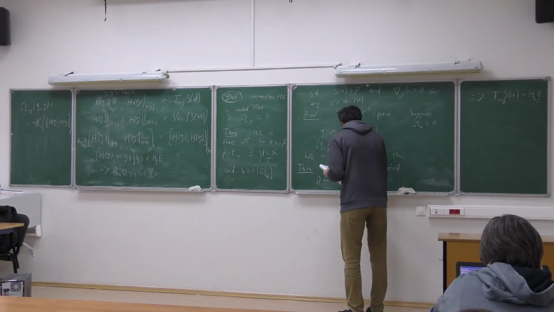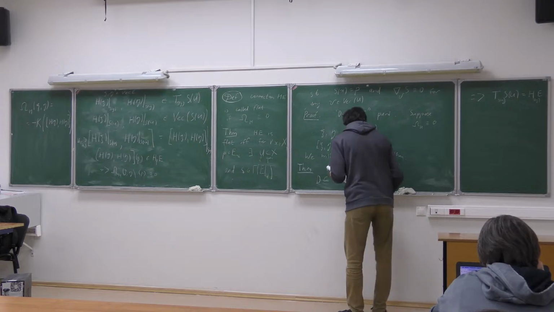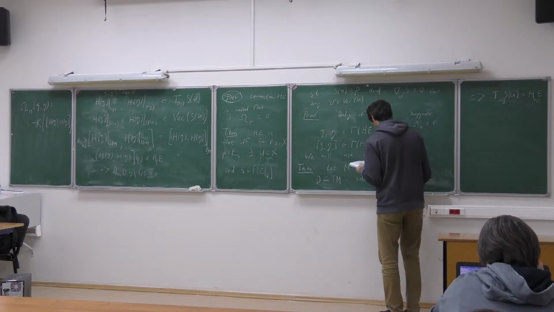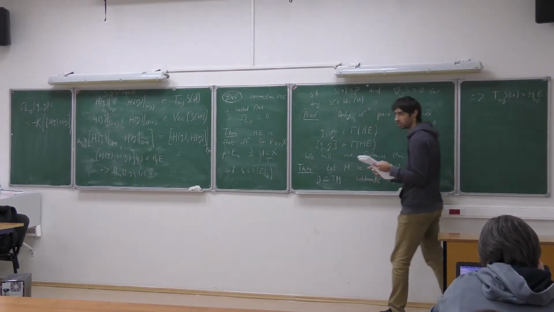So this is a sub-bundle. Such a thing is called a distribution. So this is a vector sub-bundle.